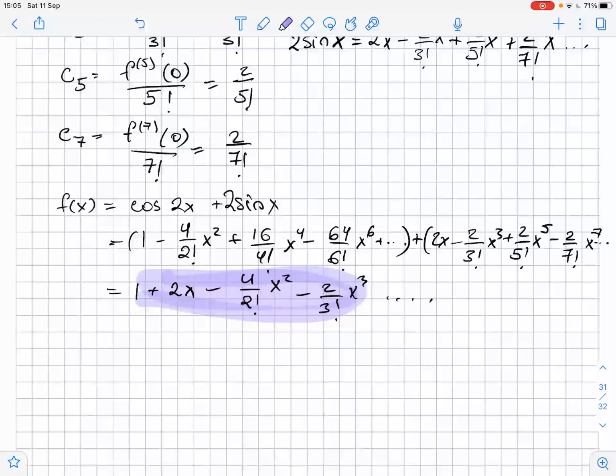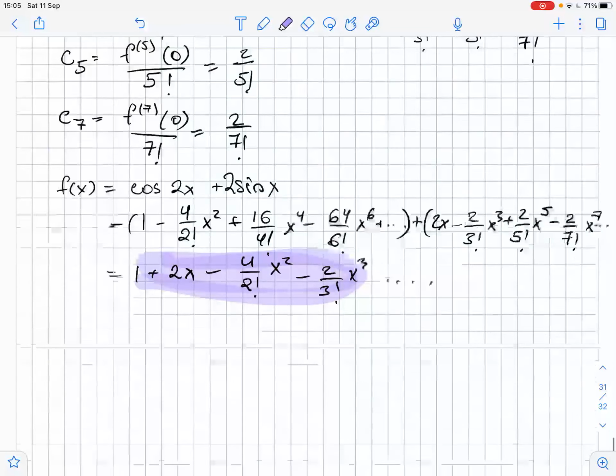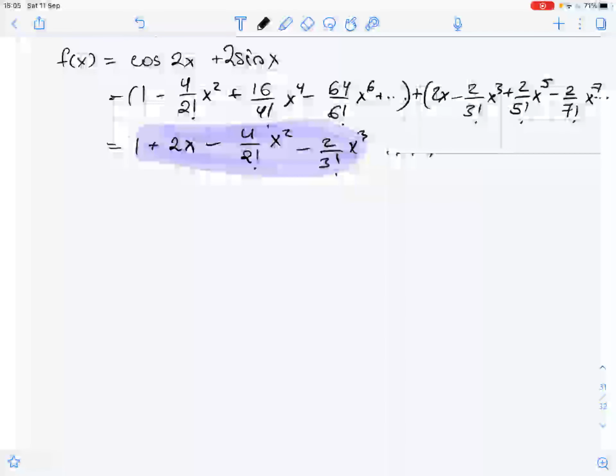So these are the first 4 terms of this Taylor series, and now we need to find the radius of convergence.